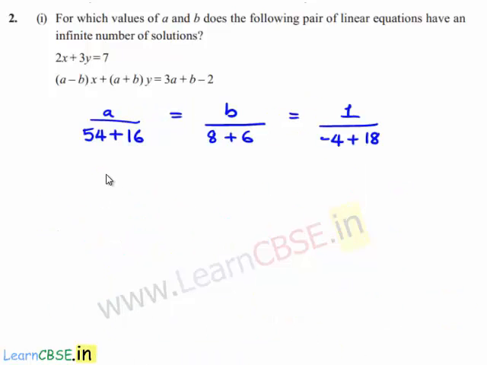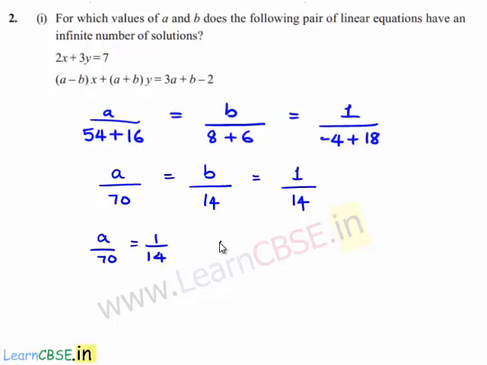So we get a by 54 plus 16, which is nothing but 70, is equal to b by 8 plus 6 is 14, and this is equal to 1 by minus 4 plus 18 is 14. So we can write a by 70 is equal to 1 divided by 14 and b by 14 is equal to 1 by 14.